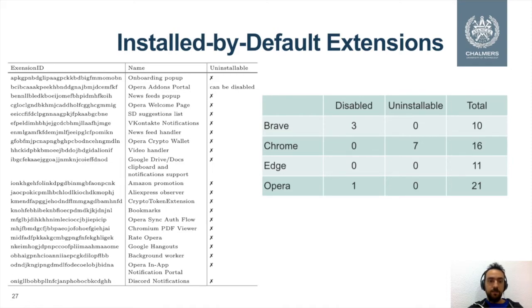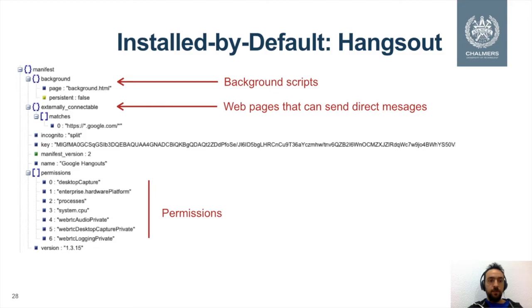Okay, so let's take a look at the Hangouts extension to see what the implications are and what an attacker can do by modifying this secure preferences file. Here we have the manifest file of the Hangouts extension. This file is the only mandatory one that all browser extensions have to define.